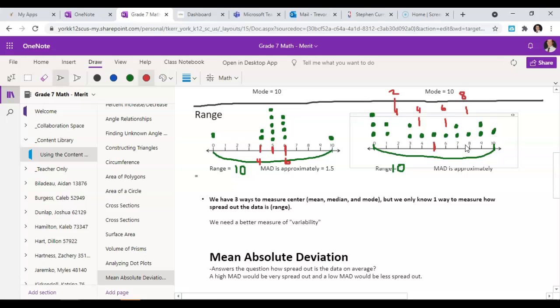There's some that was 5 away from it. So, things going from 1 away from the mean all the way to 5 away from it, this MAD might be somewhere in the middle of 1 and 5. So maybe 3 would be a good estimation. So we'll say that the mean absolute deviation there is about 3.